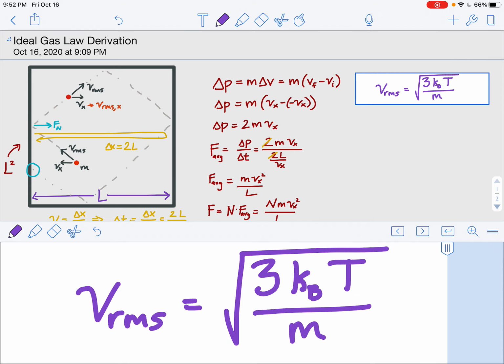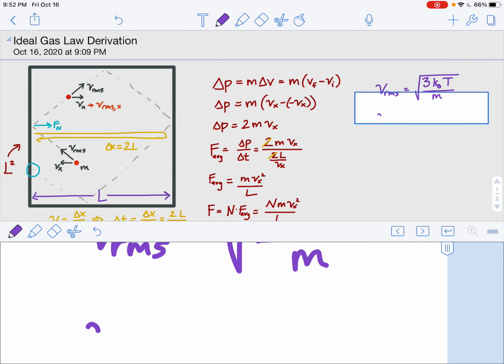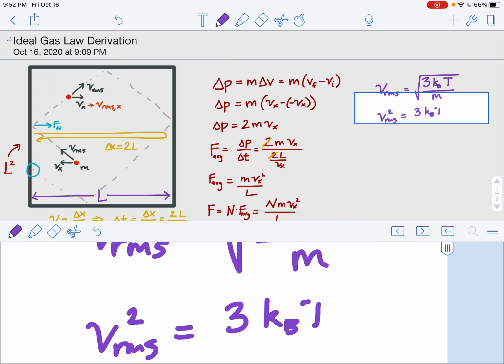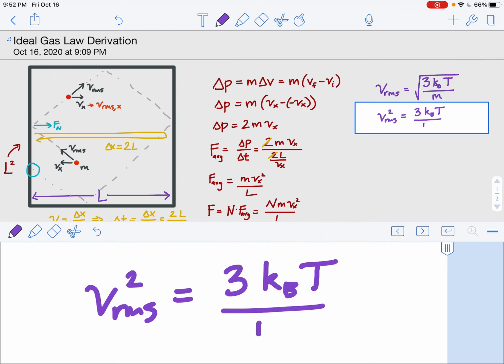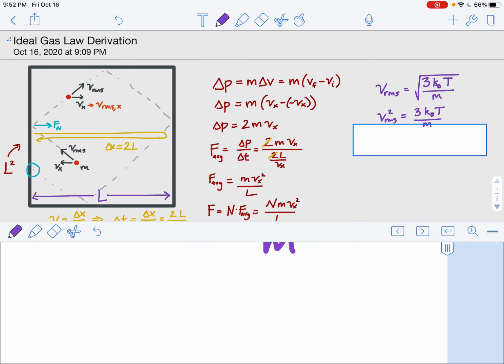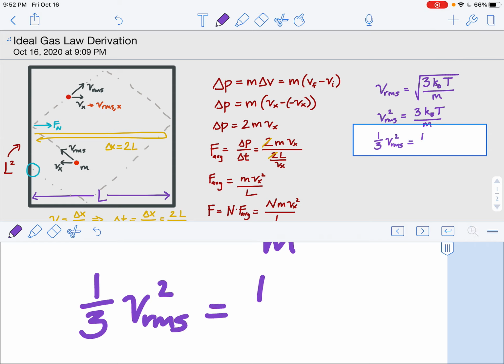That would tell us that the square of our RMS speed, if I square both sides, is 3 times Boltzmann constant multiplied by temperature divided by mass. Or if I divide by 3 on both sides, why I'm doing this will be very clear in a minute, is equal to Boltzmann constant times temperature over mass.